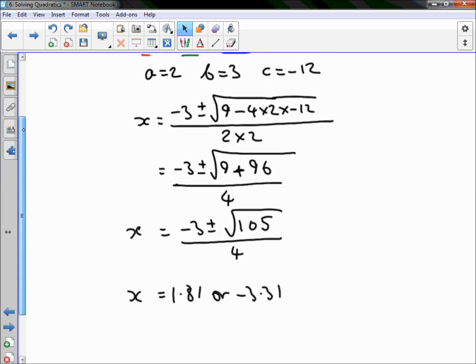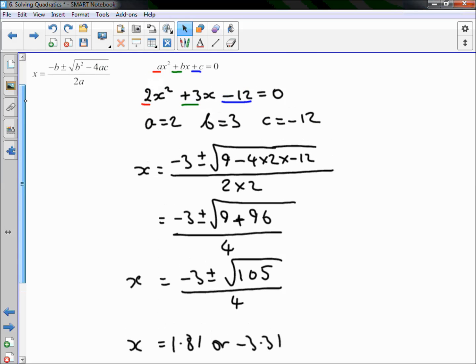Okay. So, as I have alluded to, using the quadratic formula is a last resort method for solving quadratic equations. And the reason for that is that it can be an awful lot of work. Usually, if a quadratic equation will factorise, you're better off factorising, it will be less work.